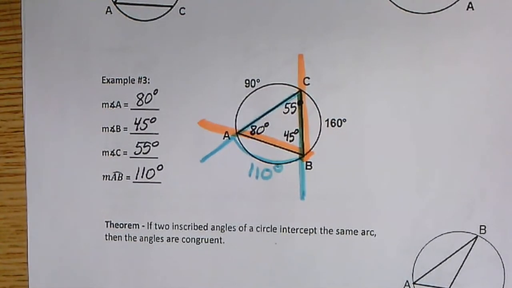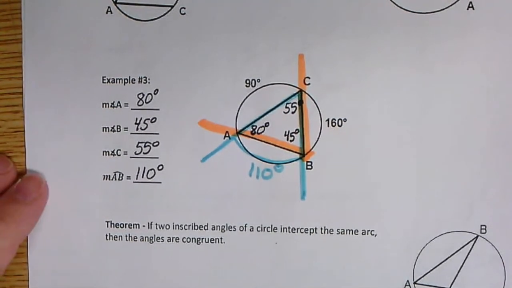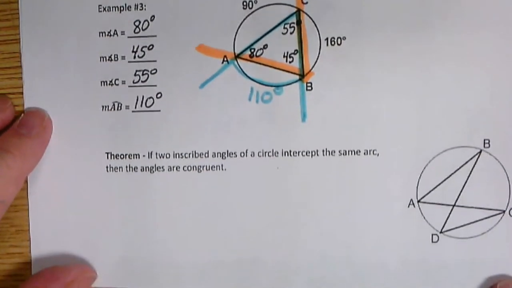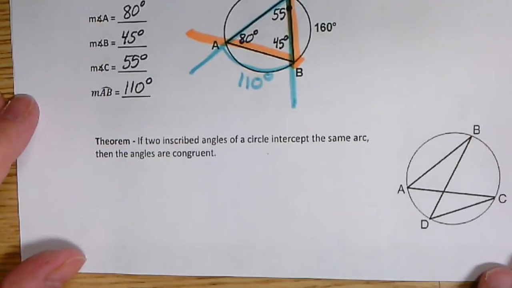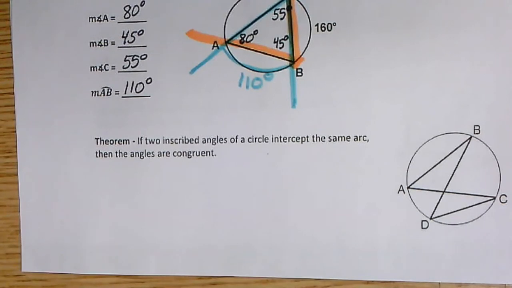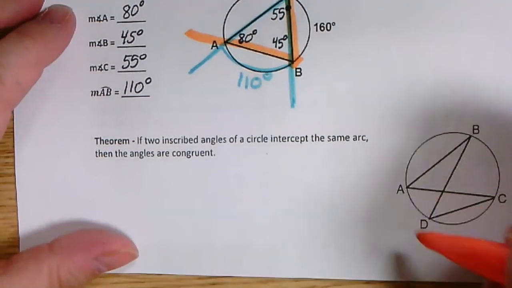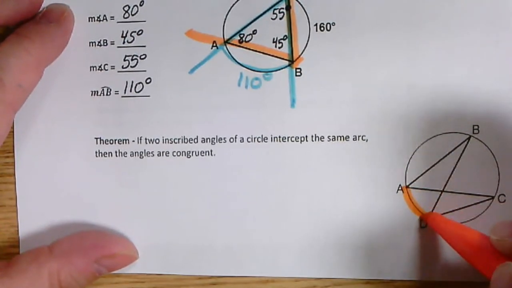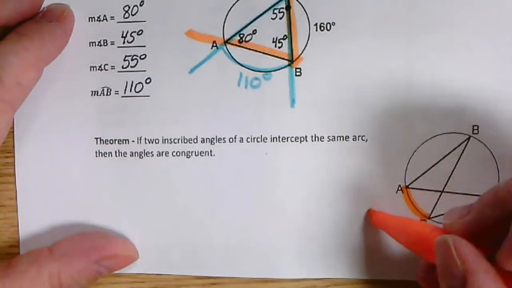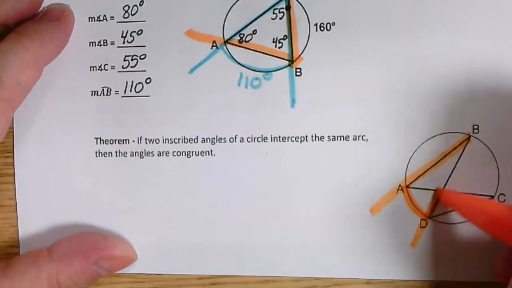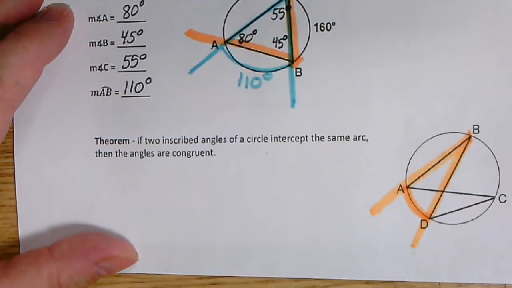All right, next theorem. If 2 inscribed angles of a circle intercept the same arc, then the angles are congruent. There are really a couple of examples in this picture, so I'm going to go ahead and show you both of them. One is arc AD is intercepted by angle ABD.